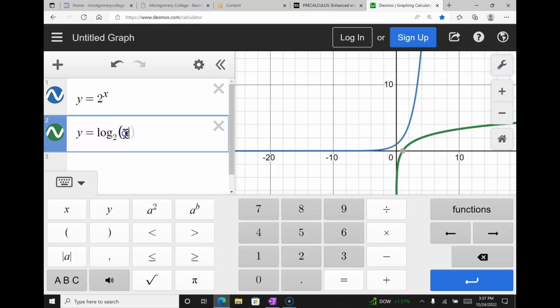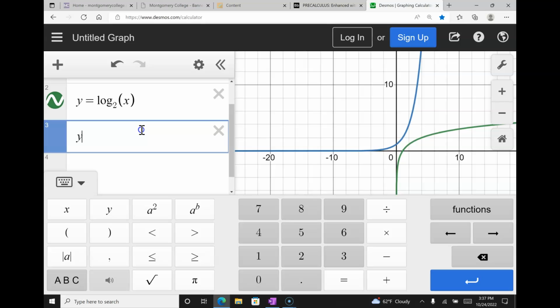But take a look at these two functions. Do you see anything that you notice? Yes, they're inverse of each other. So just by using the same base from the exponential to the log, I get inverse functions. You see that?